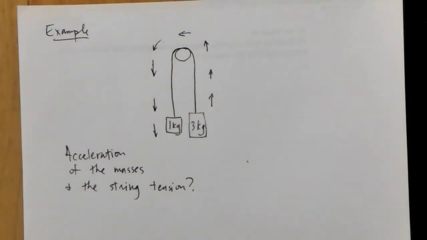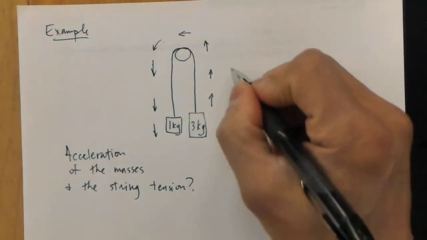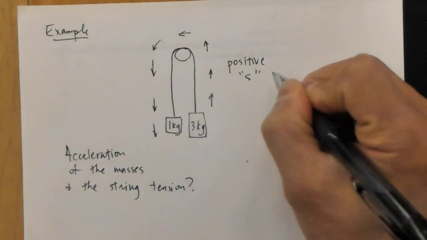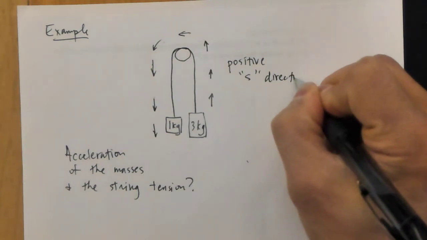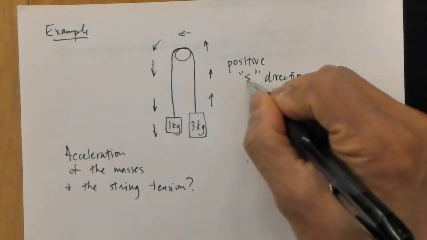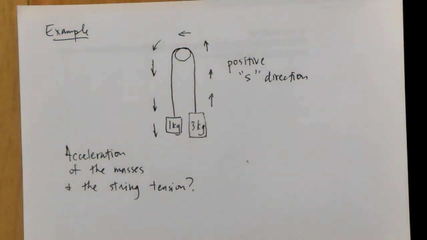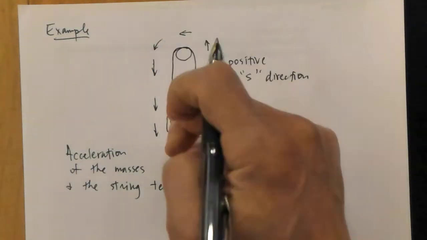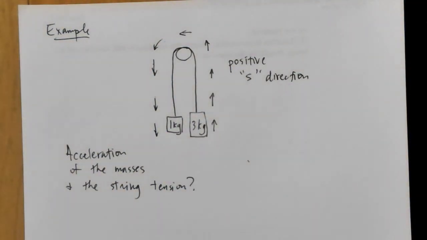So this will be my positive S direction. Okay. Is everybody good with that? So on this side, the positive S direction is going up, and on this side the positive S direction is going down.